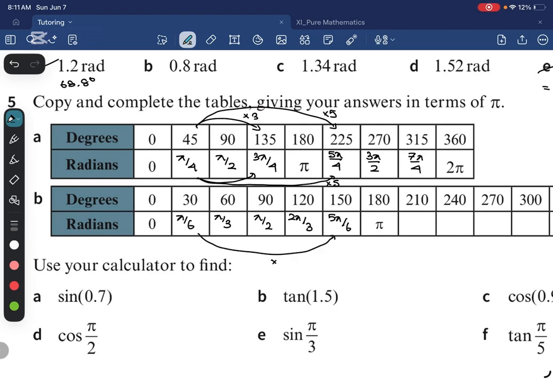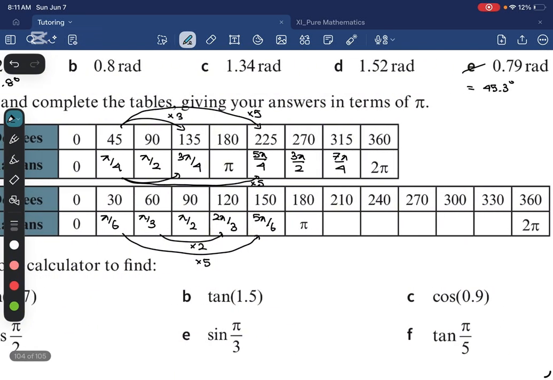What's 210? 210 is 30 times 7, so it's going to be 7 pi over 6. 240 is 60 times 4, so it's going to be 4 pi over 3. 270 is 90 times 3, so that is 3 pi by 2. 300 is 150 times 2, so it's going to be 10 pi over 6. And you can simplify this. You can write it as 5 pi over 3.